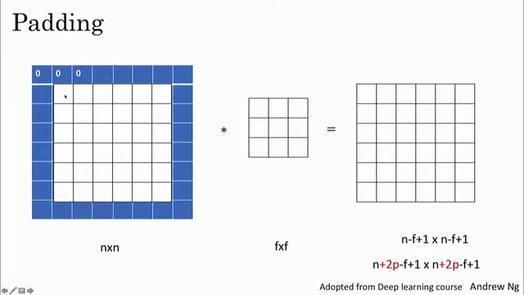For example, for this picture, there is only one convolution that considers this pixel in the output. But for the centers, there are more convolutions that consider them in the output. So what happens if you have some important things in these edges? You want them more in your output.